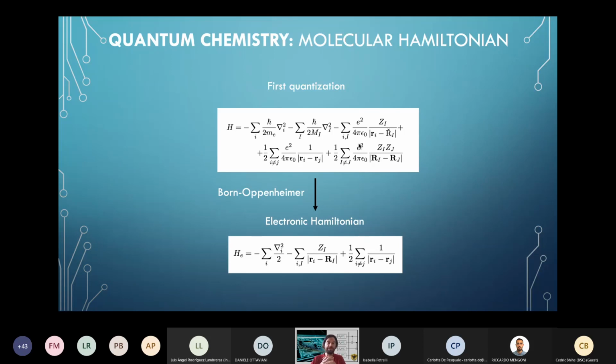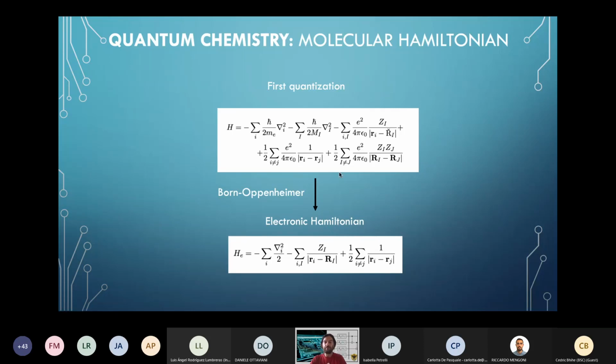Molecular property means how these molecules interact with light, what the energy is, and what we can understand by a computer simulation of the protein. This, of course, is important in many fields: in chemistry, in pharmaceutics, in material science, and so on.